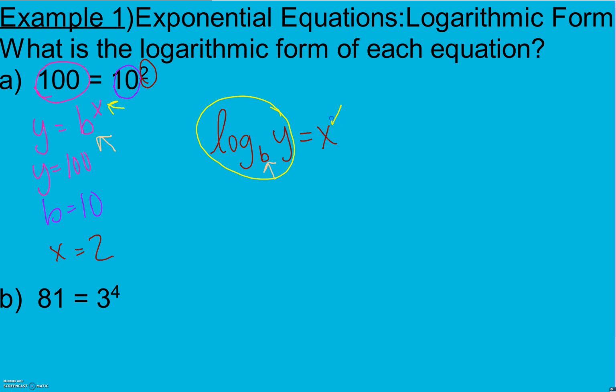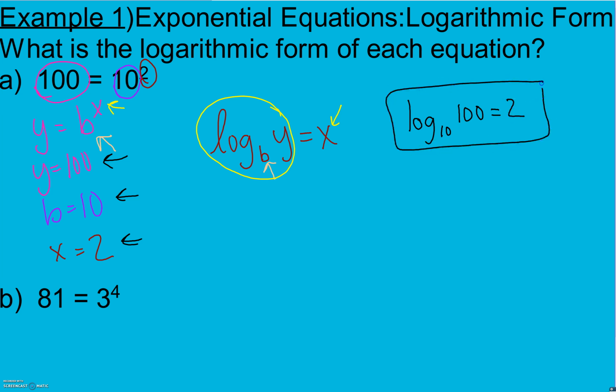So it equals x. Now that we know our values, x, y, and b, we can plug those in. So we have log base b, which we said is 10, of y, which we said is 100, equals x, which we said was 2. Log base 10 of 100 equals 2.